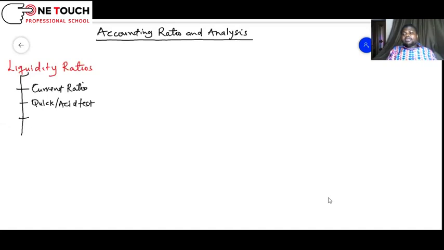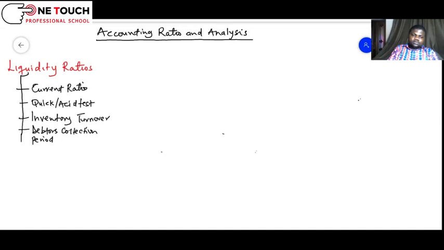So we have the turnovers. We have the inventory turnover. We have the debtors collection period. Then we have the creditors payment period. Okay, let's pick them one by one.